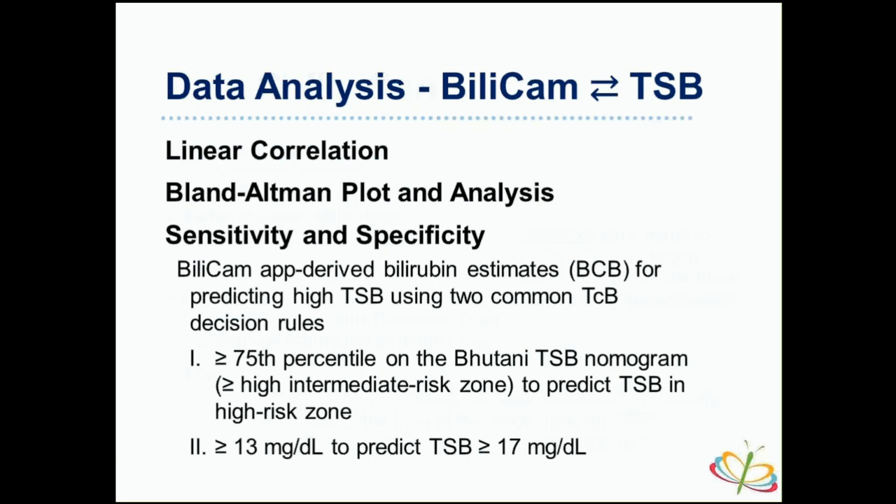Then some key stuff about analysis that we'll get into in more detail later. It's analysis based on linear correlation, the Bland-Altman plot, sensitivity and specificity, and these 2 big outcomes they were looking at. Can BiliCam predict high total serum bili using 2 very commonly accepted and used decision rules that we use for transcutaneous bilirubin, since it's a somewhat similar concept in terms of how the data is extrapolated?